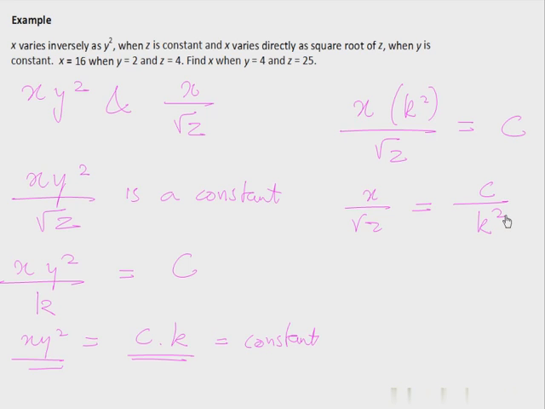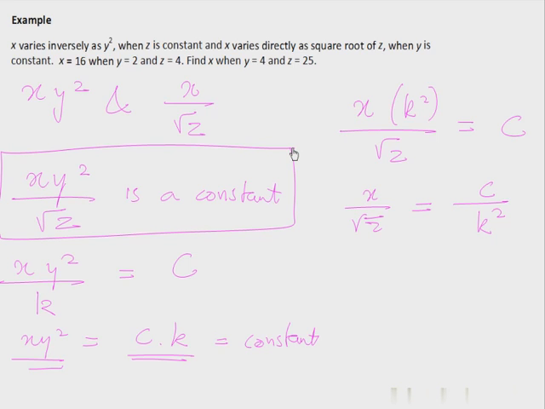And obviously a constant divided by constant is a constant. It's not going to vary. It's going to stay some fixed number. So x over root z is now constant, which is another way of saying that x and root z vary directly. So this expression actually does it. It takes care of both conditions in one shot.